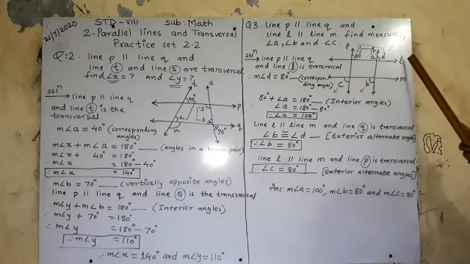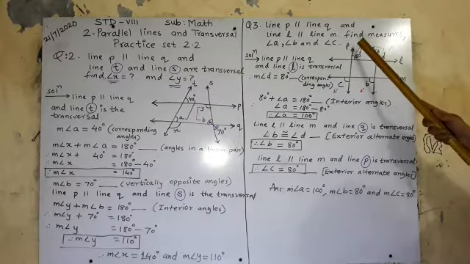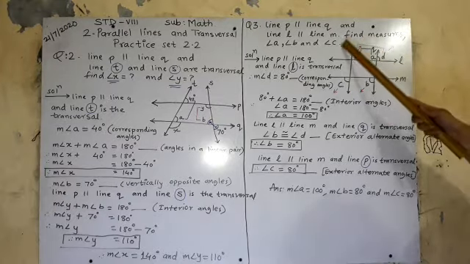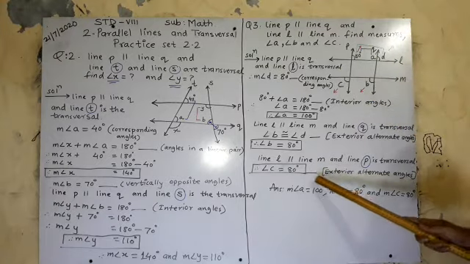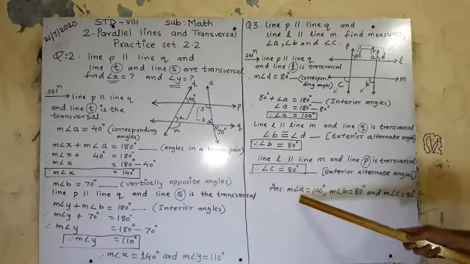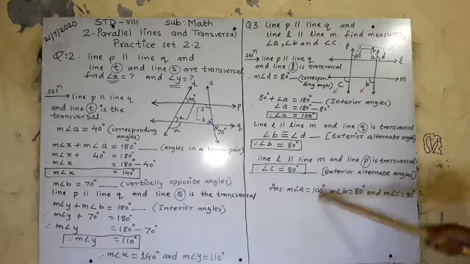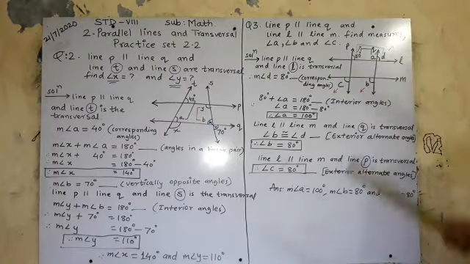When you take line L and line M parallel to each other and line P is a transversal, now you will focus here. If this is 80 degrees, this will also be 80 degrees. Why? Alternate exterior angles. So measure of angle A is equal to 100 degrees. Why? Because the interior angle is 80 degrees, so the other will be 100.